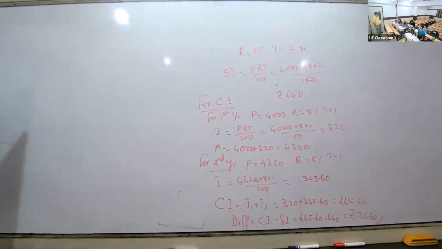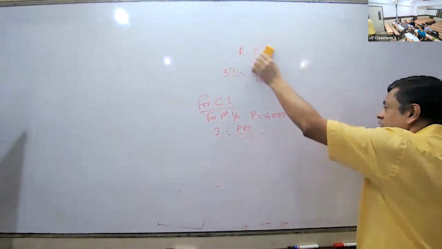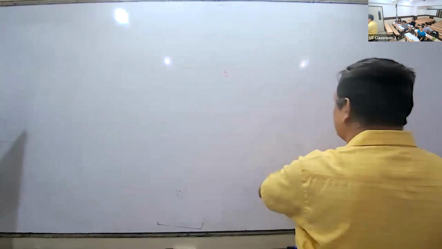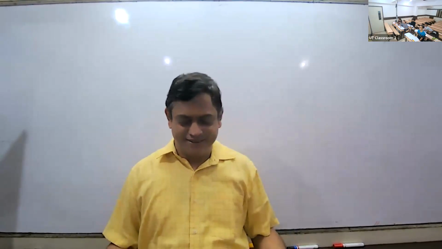So the interest of the first year exceeds by 96. Exceeded amount.